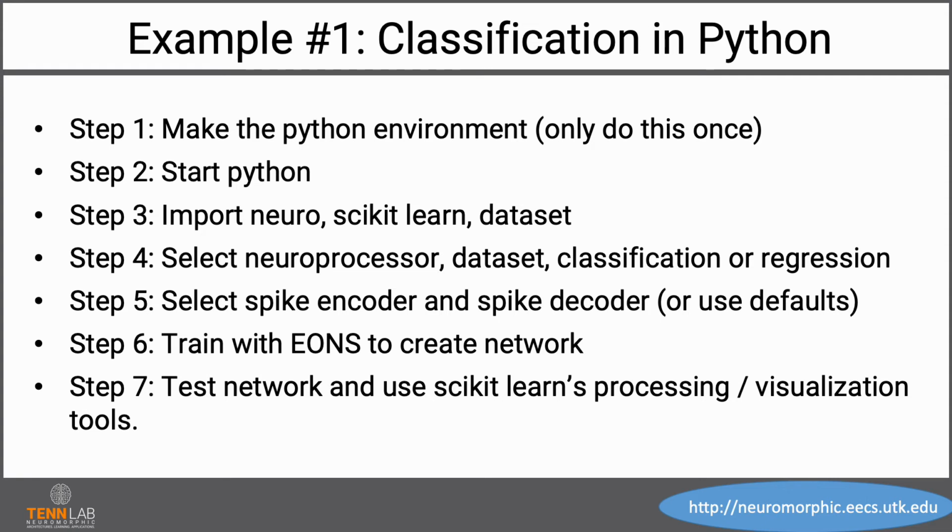And when you're done, you'll have a network in your Python environment, which you can export to the file system. But you can also use it for testing, and you can use tools that may be familiar to you, such as scikit-learn's processing and visualization tools. So again, the goal here is to try to make the workflow familiar to you if you are familiar with some of the Python machine learning libraries.